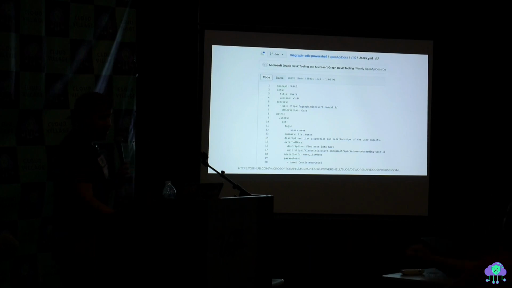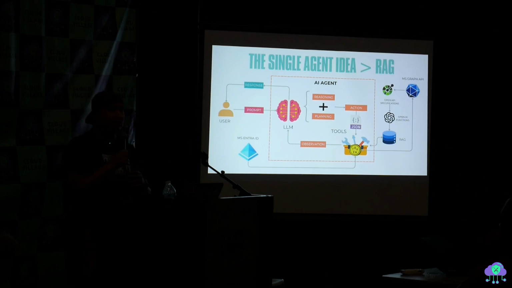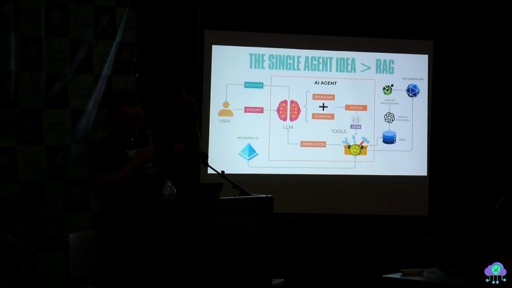Now, what you can do instead, and this is something I'm doing right now, is use the concept of retrieval augmented generation and put all the hundreds and hundreds of definitions into a vector database. Then I can have a tool that says, hey, I want to create a user. We expect this RAG tool to go to the vector database and say, your question is very similar to these 5 APIs.